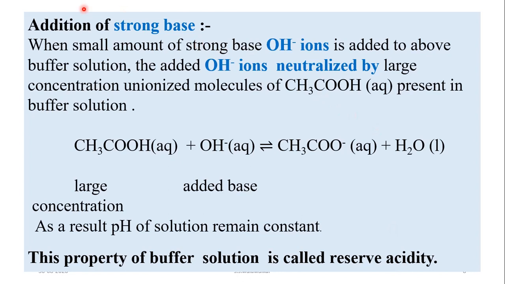Like that, when strong base is added to such a solution, then the added OH ions are neutralized by a large concentration of unionized molecules of acetic acid. The added OH ion reacts with undissociated molecule of acetic acid and forms acetate ion and water, and thus the pH of the solution remains constant.